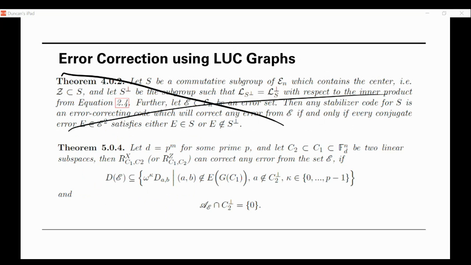Right, and again, the idea is we want to make sure that those errors aren't going to take 0 and map it to a different code word. And you can also see the avoidance set here with C2 perp. We want that to be 0, or I think before we had it as a subset of 0, but in this case, I think it makes more sense to make it equality.